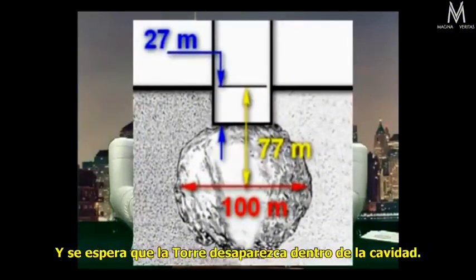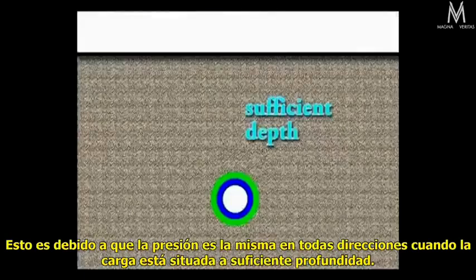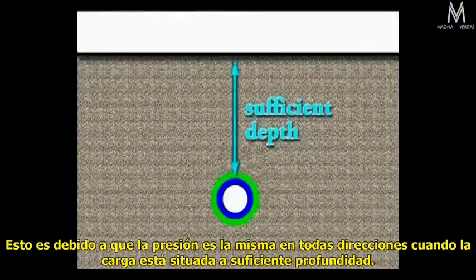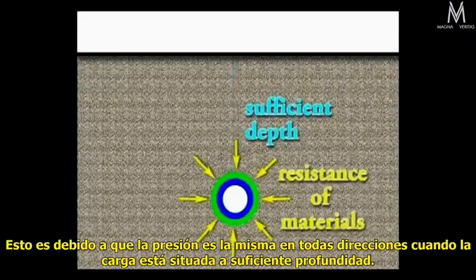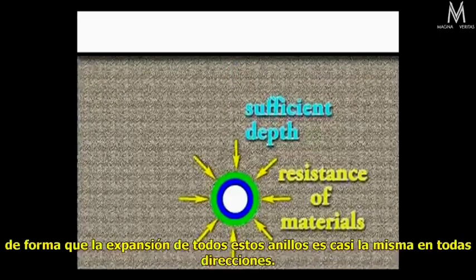So the tower is supposed to just disappear into the cavity. Yes. Okay. Because the pressure from every direction, when the charge is buried sufficiently deep, is the same. I mean, the resistance of materials from every direction is the same. Yes. So the expansion of all these rings will be almost the same in every direction.